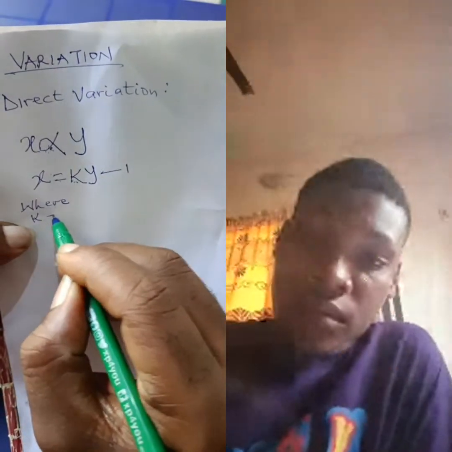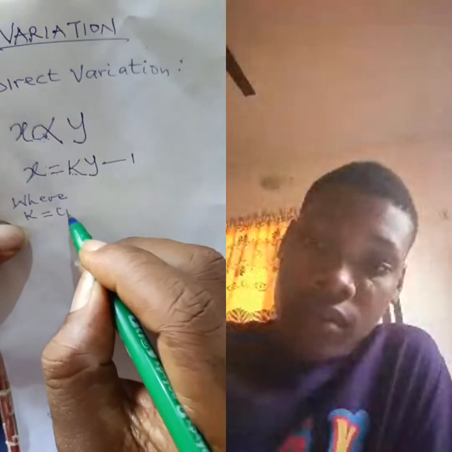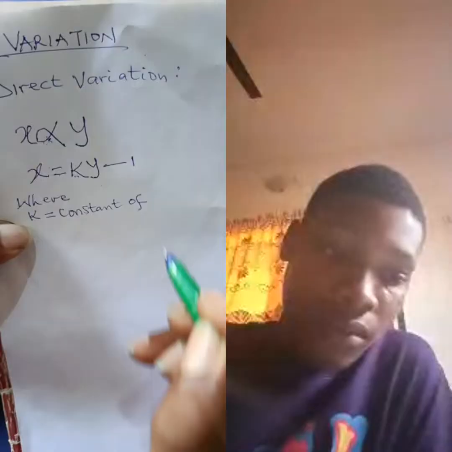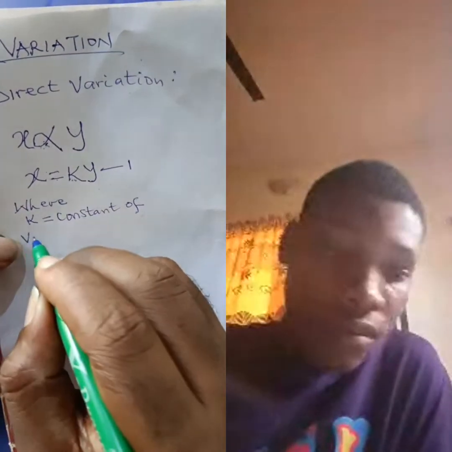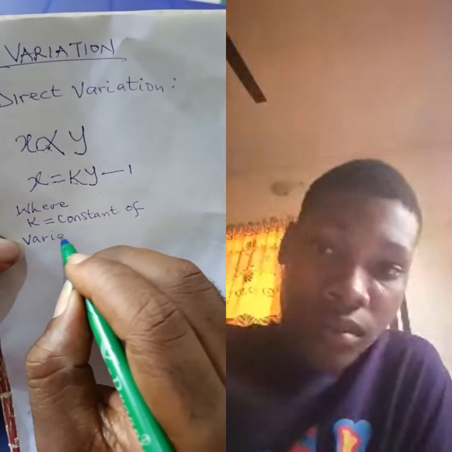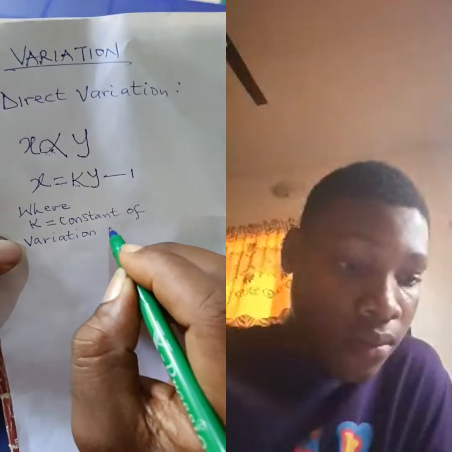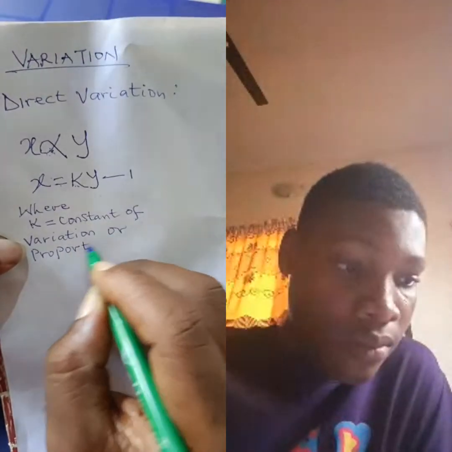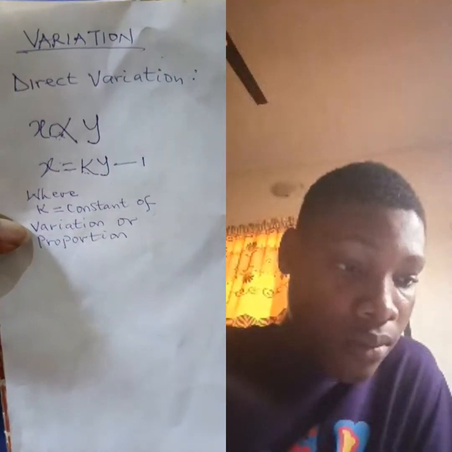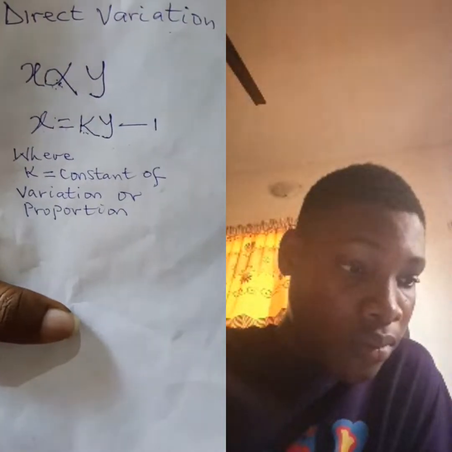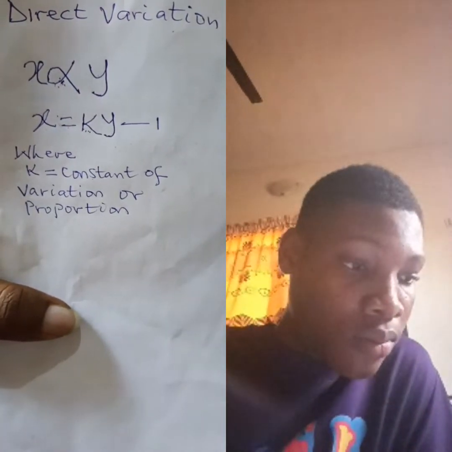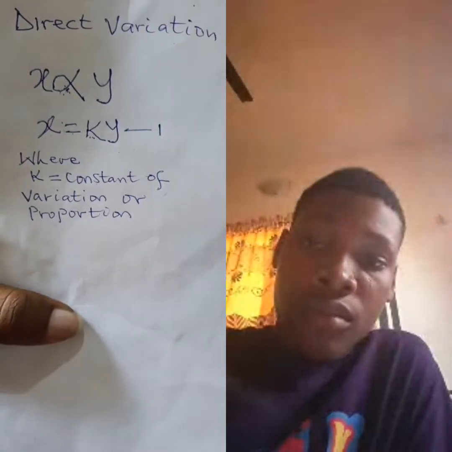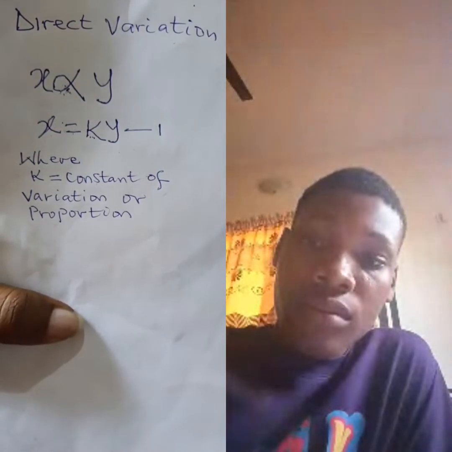Where K equals the constant of variation or proportion. That's the meaning of K. K is equal to the constant of variation or constant of proportion. Are you following, Success? Yeah.